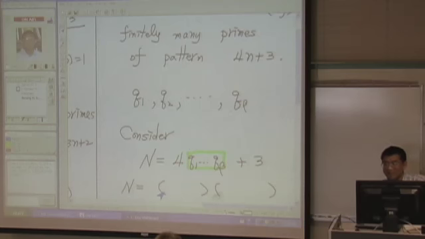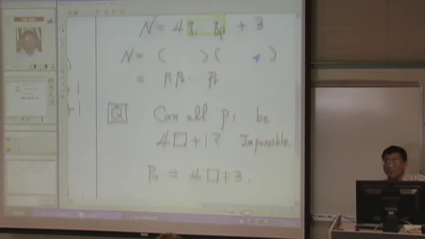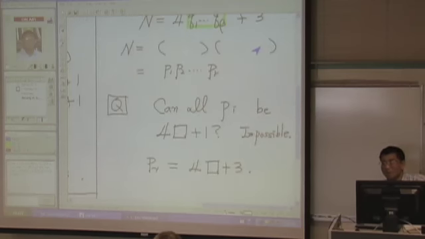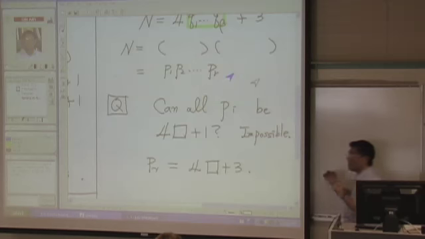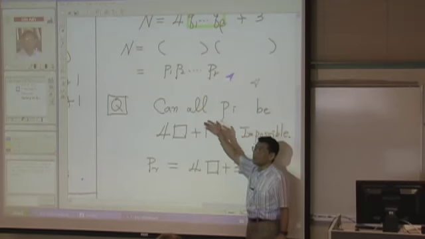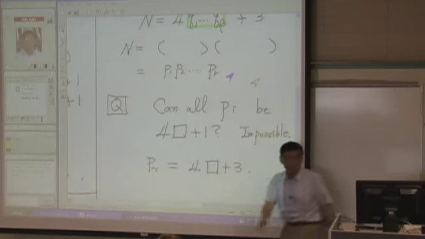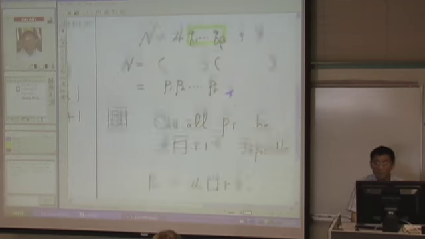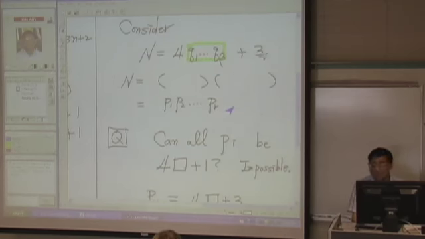So it should be composite like this. Then by the fundamental theorem of arithmetic, we can decompose it into prime factors. If all these factors have the 4N plus 1 pattern, then the end result will also be 4N plus 1. But as you can see, we begin with the 4N plus 3 pattern. In other words, something should be the 4N plus 3 pattern.